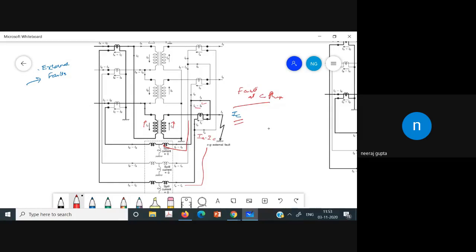So to nullify that, the current must increase on the primary side of the CT, because it is an external fault and it must be nullified. So we will have this IC on the primary side.